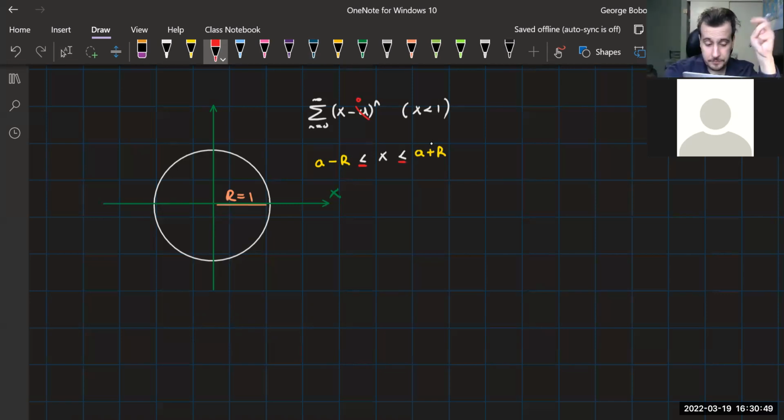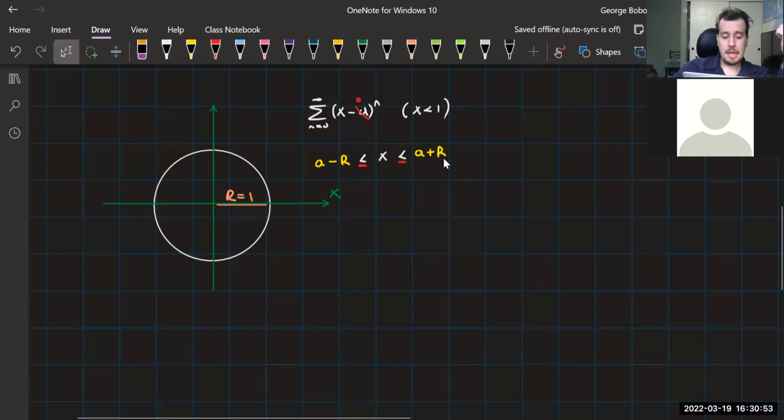negate this. So how do I actually find out if I converge at the endpoints? Well, you have to take the endpoints, put them into your series, and then do a series test to see if you converge or not.